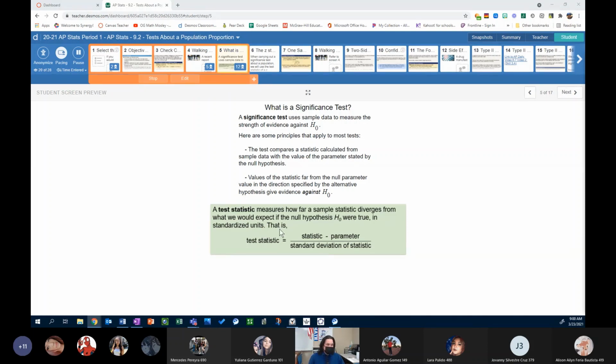In standardized units, the test statistic equals statistic minus parameter divided by standard deviation of statistic. It's essentially a z-score, very similar to the way we calculate a z-score with a normal distribution. We just need to use the things that apply to sample data and sample proportions. We'll get more specifics on the next slide. Does anyone need a moment to write anything down from this slide? Please raise your hand.